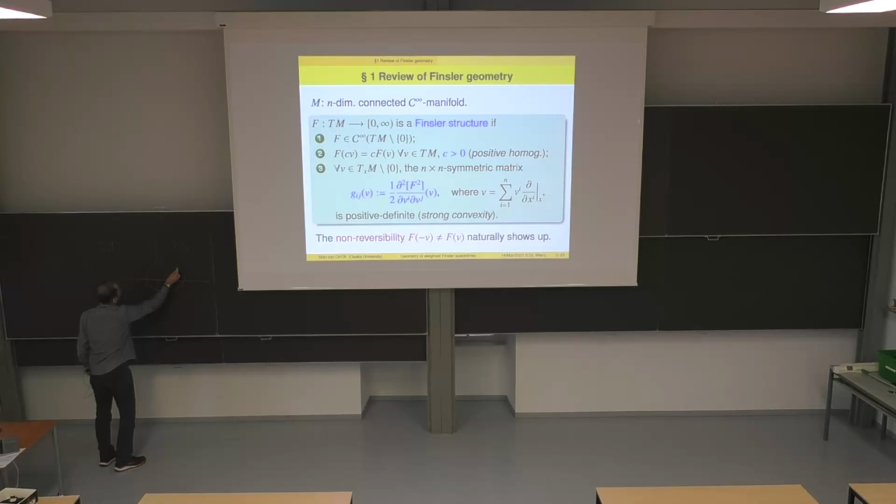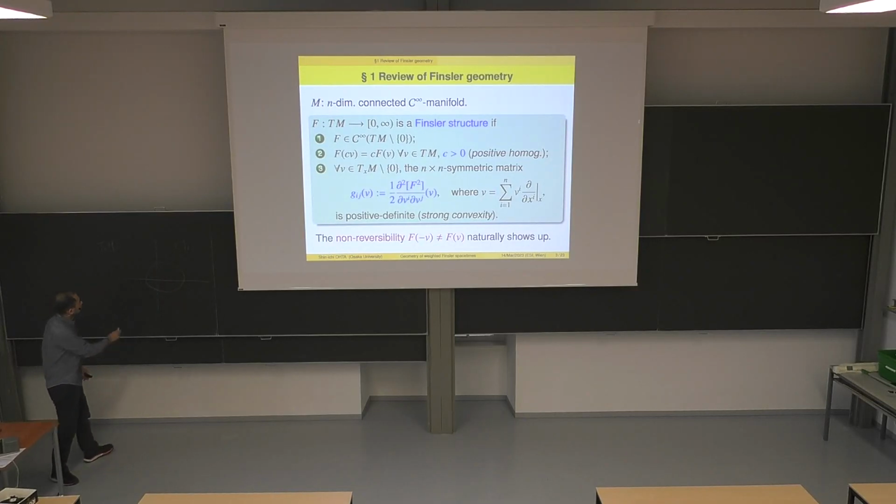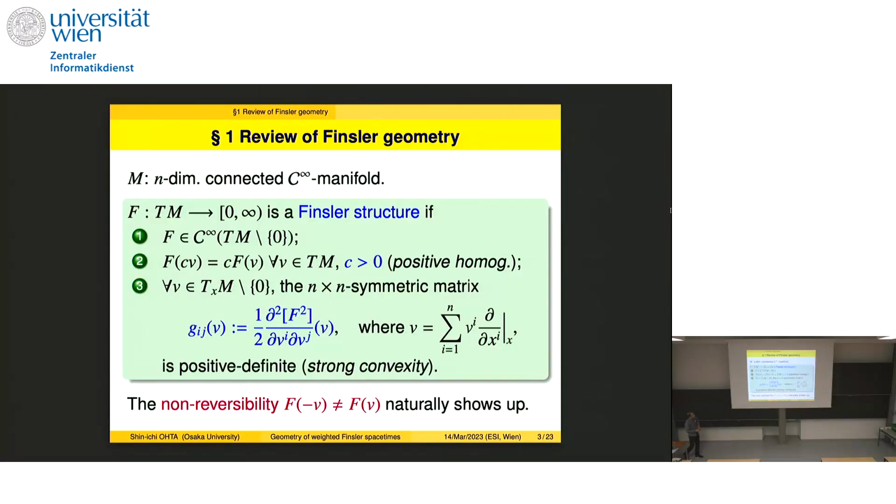But it is smooth enough and of course convex, so it does not include any flat region, and it does not include any corner because of the smoothness. But it's not necessarily centrally symmetric. So this is a unit sphere in the tangent space. As I said, we have the non-reversibility, and I think this is one of the most important features of Finsler geometry. So we can naturally include this setting in the context of Finsler manifolds.